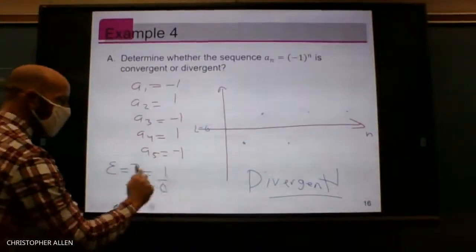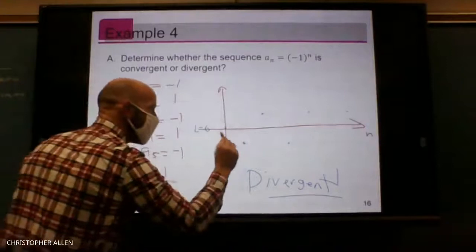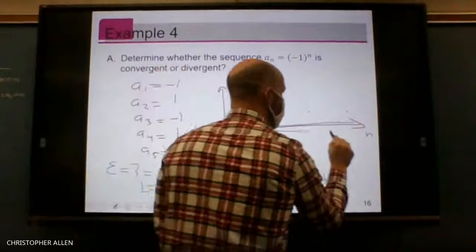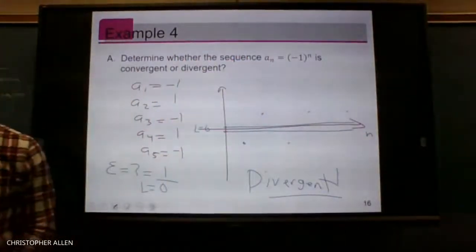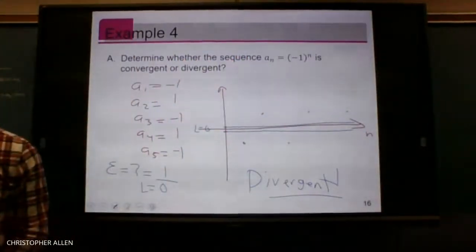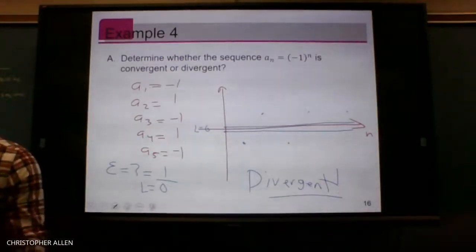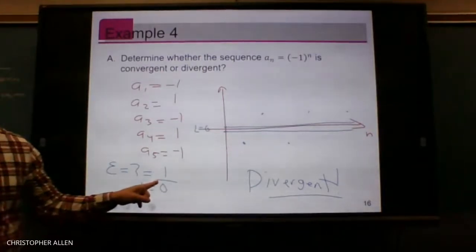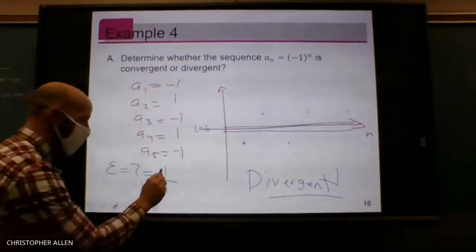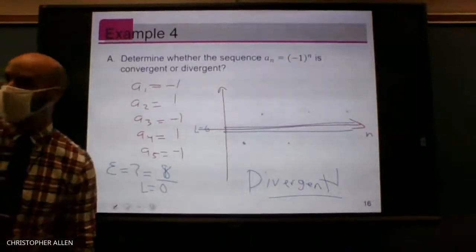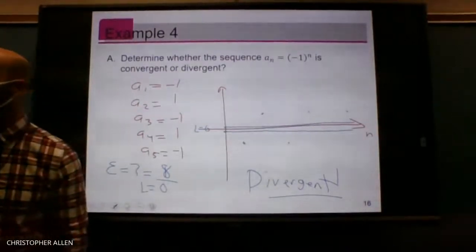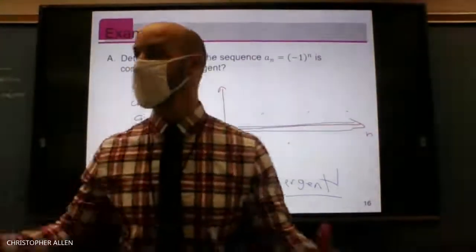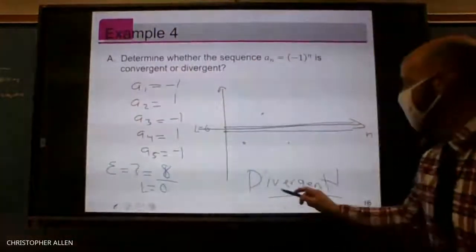And I pick epsilon to be 0.1, which means right here and then right there, here's the band. Does my sequence ever get in that band? Ever? It never gets in there. I could have picked any number that's less than what right here? 1. I could have picked 0.8, which is a pretty big epsilon. Would you ever be within 0.8 of 0? Never. You could have even picked 0.999997. So this is divergent.